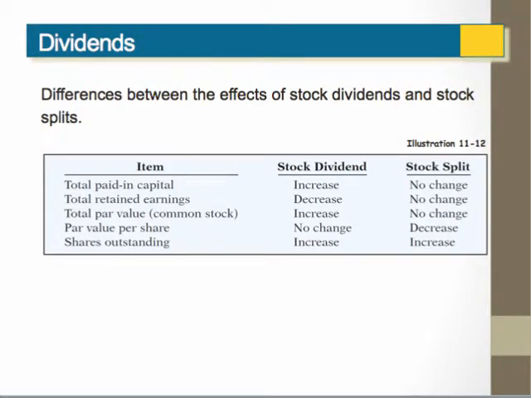The difference between the effects of stock dividends and stock splits is here on this screen. You can see where in a stock dividend, the increases and decreases versus a stock split does not change stockholders' equity other than the number of shares outstanding and the par value of the common stock.